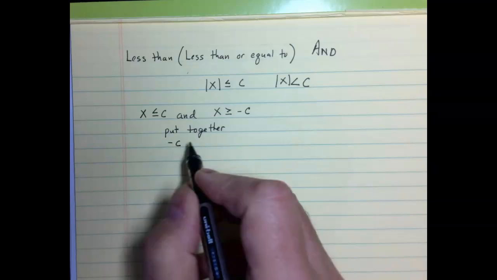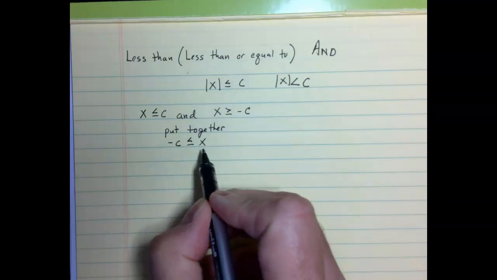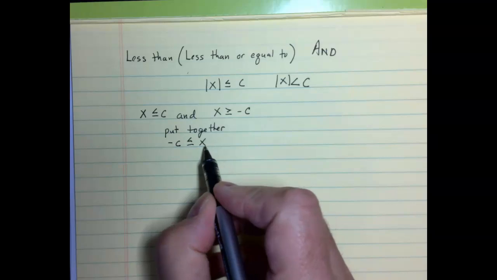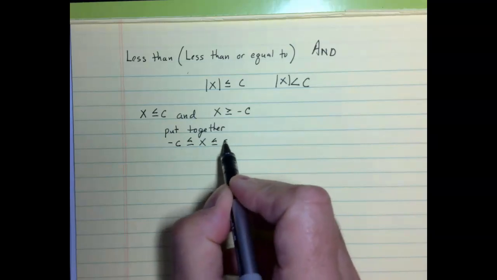You'll end up getting endpoints, which would be negative C less than or equal to x, and x less than or equal to positive C.